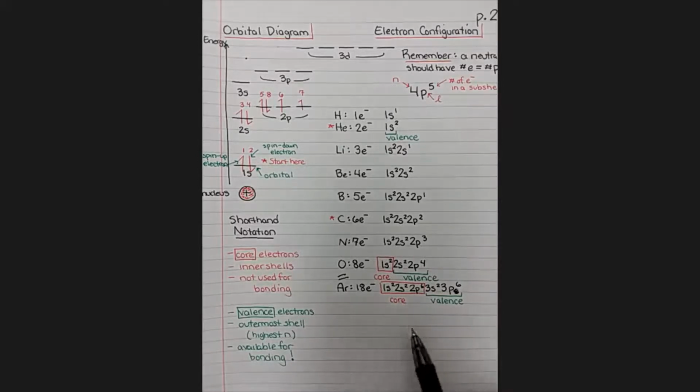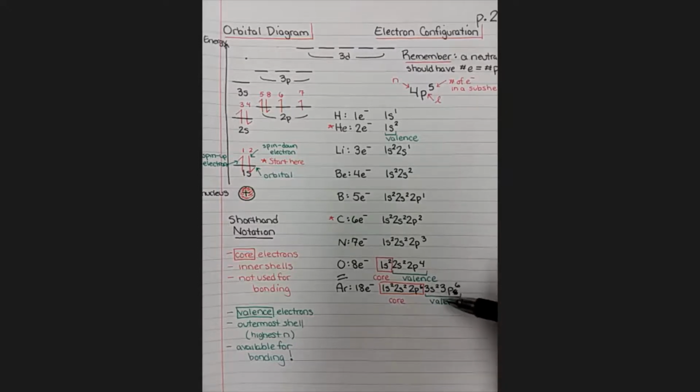And so what we're going to do is we're going to be lazy, or rather we're going to be efficient, and we're not going to write this huge list of electron locations and orbitals anymore. We are only going to write the valence, because those are the only electrons we're going to care about in the future.